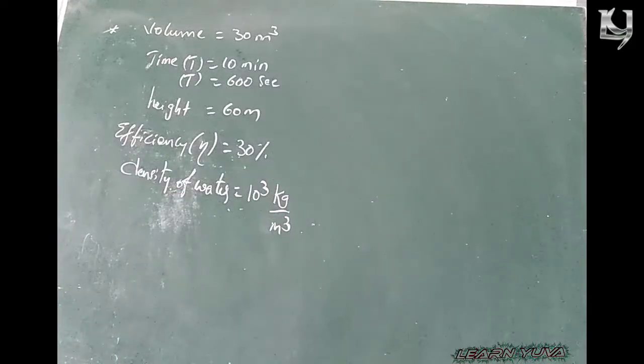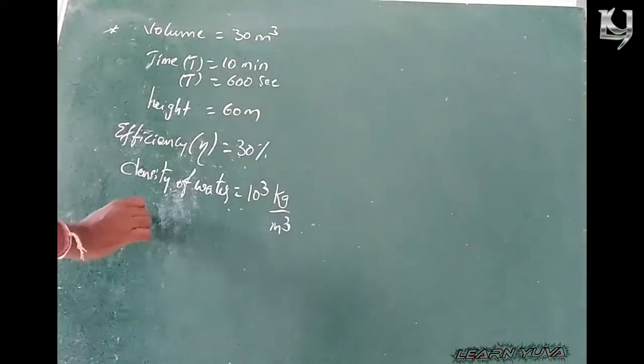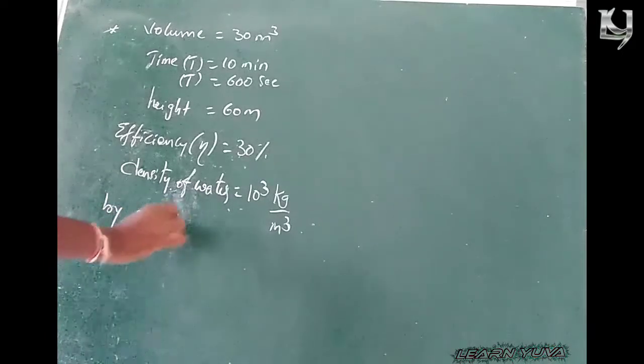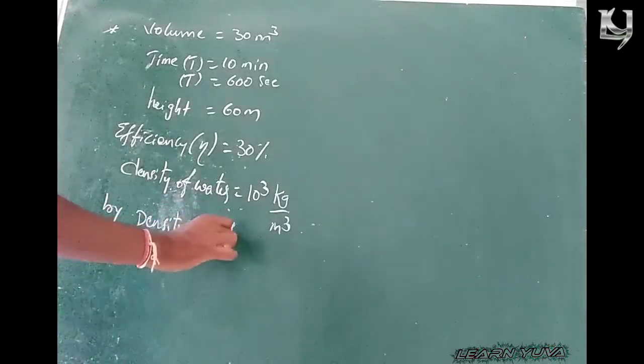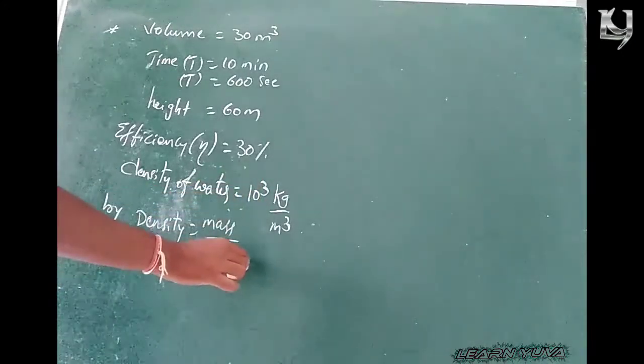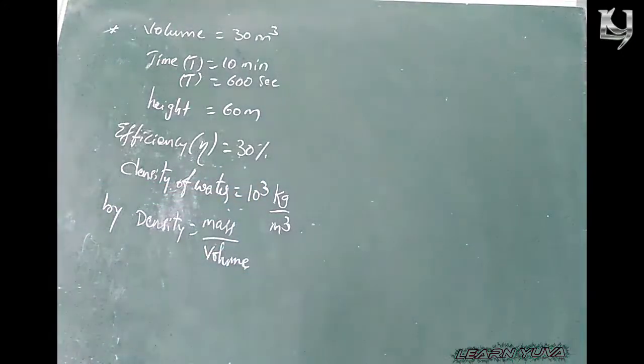So here we need the mass of the water. By the formula, density is equal to mass by volume. We need the mass of the water. How much mass of water is occupied in this volume?